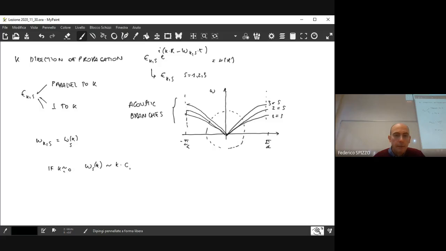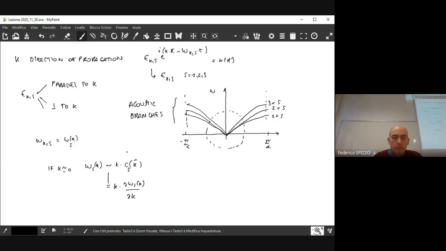And this coefficient may depend on the index S and may also depend on the direction of K. So in general, the dependence on the modulus is out here, and here we have the dependence on the orientation and on the index S. This can be written also as follows: if you consider K not equal to 0, but quite close to 0, the value of omega can be written as K times the derivative of omega with respect to K.